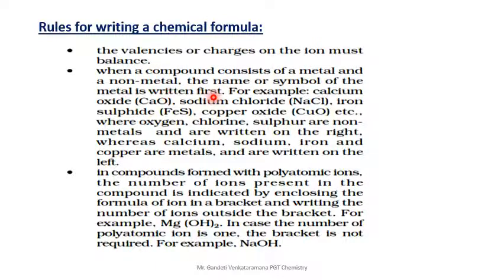So when metal and non-metal are present, first you write the metal, then the non-metal. Best example, sodium chloride. The formula is always NaCl, but we don't write chloride sodium. Can you write chloride sodium? No, always we write sodium chloride because this is the rule. Always we have to take the metal first.